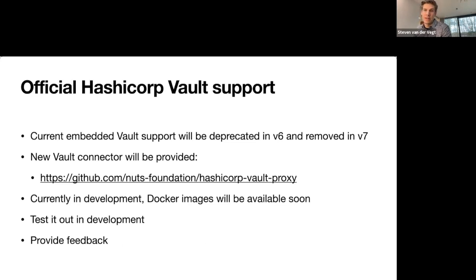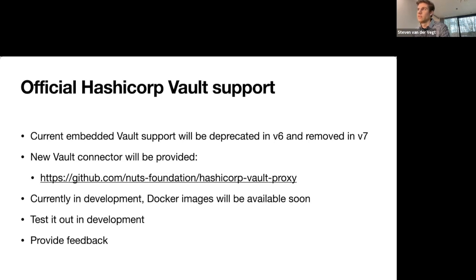Currently in the Nuts node, there is a HashiCorp Vault SDK in it. We want to provide this support for Vault, but we are removing the embedded support into a new, we call it a HashiCorp Vault proxy. Currently we're in 5.1.